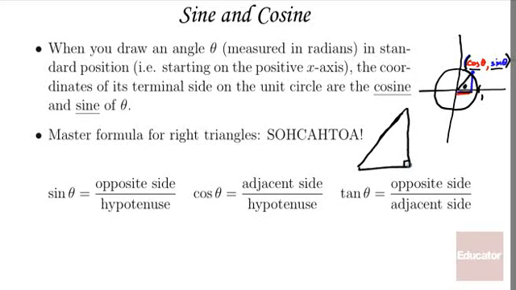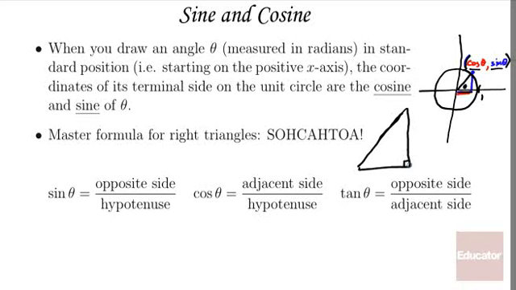If you know what the angle is, you figure out its x-coordinate and its y-coordinate, and those are called the cosine of theta and the sine of theta. We'll see more examples later so you'll know how to actually compute the cosine and sine, but the definition just refers to those coordinates.